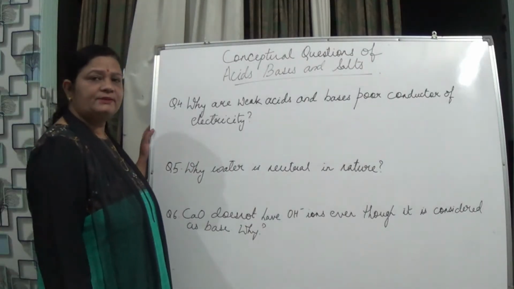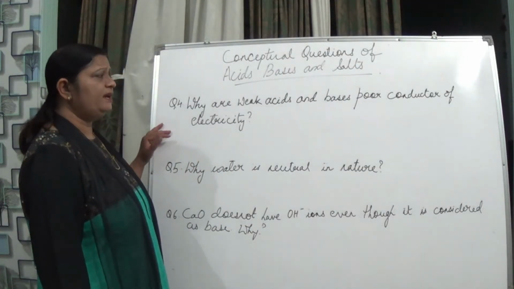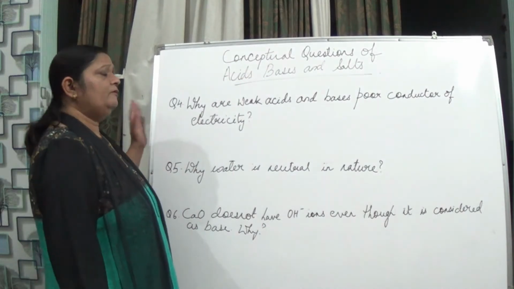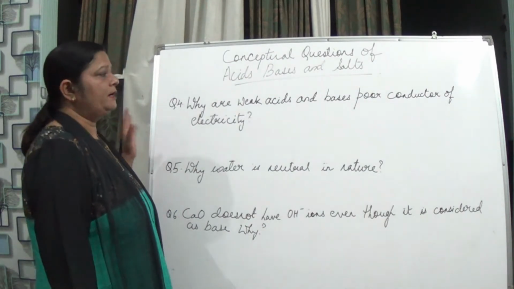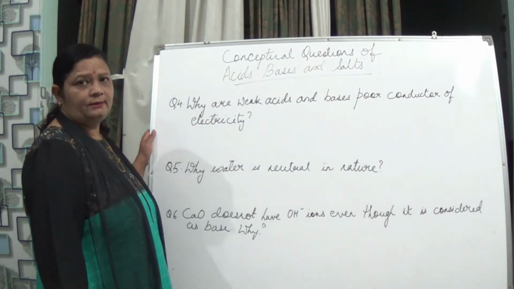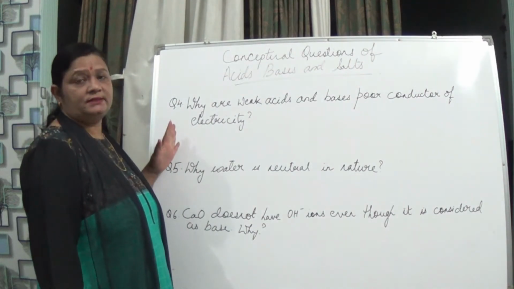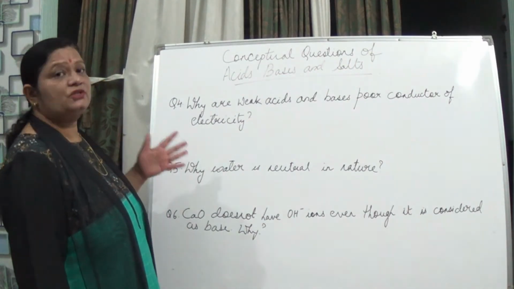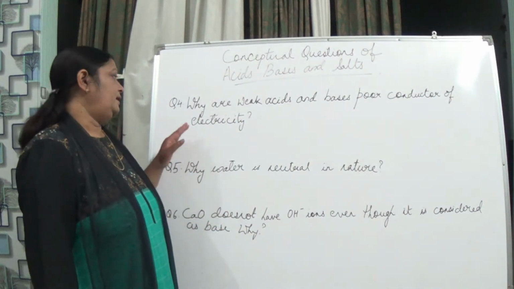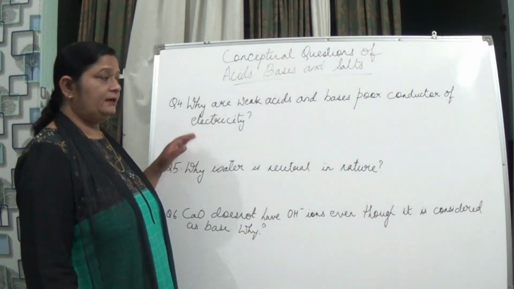Now coming to the next question: why are weak acids and bases poor conductors of electricity? When we talk about conduction of electricity, we need ions. Those acids which are strong and totally ionized can conduct electricity easily.